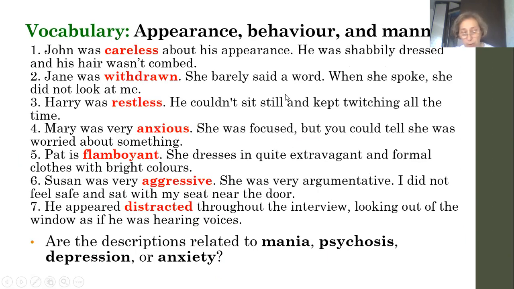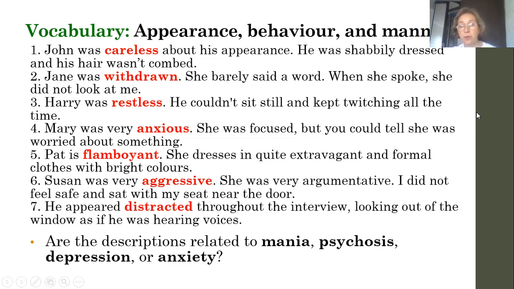If we speak about, for example, the first case, John is careless about his appearance. What kind of abnormality is it? What kind of disorder? Is it depression or anxiety, for example, if a person is careless about his appearance? Depression, yes. The same as with the second case about Jane. She's withdrawn, doesn't say anything, doesn't look at the doctor.